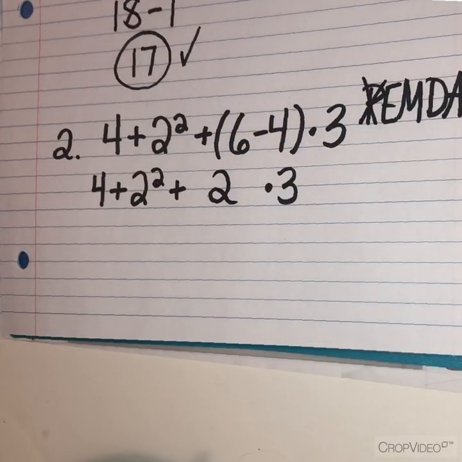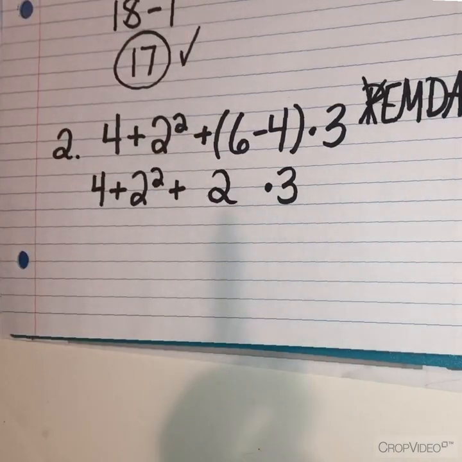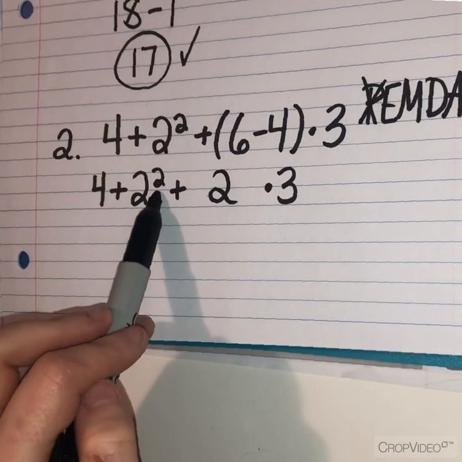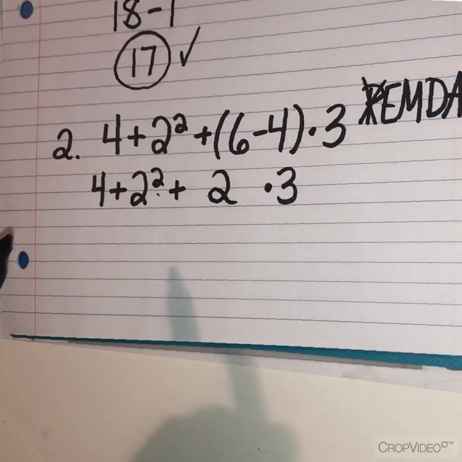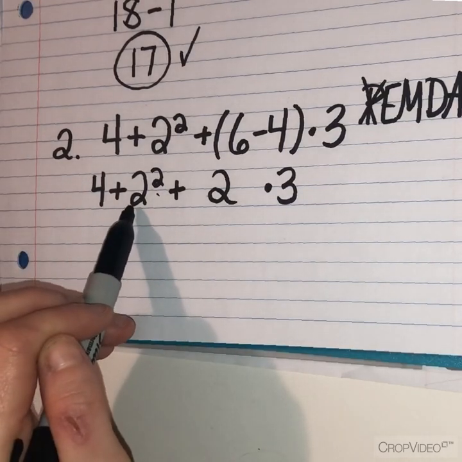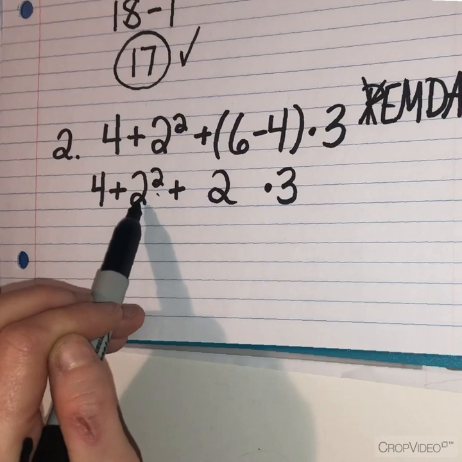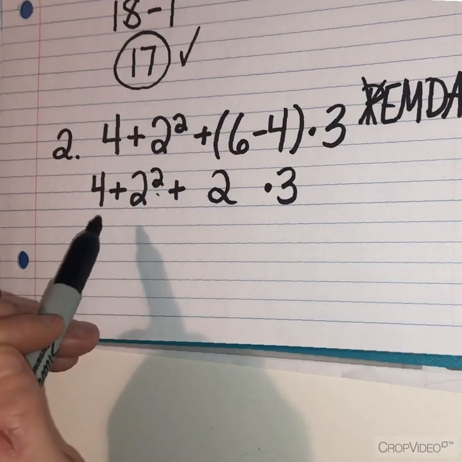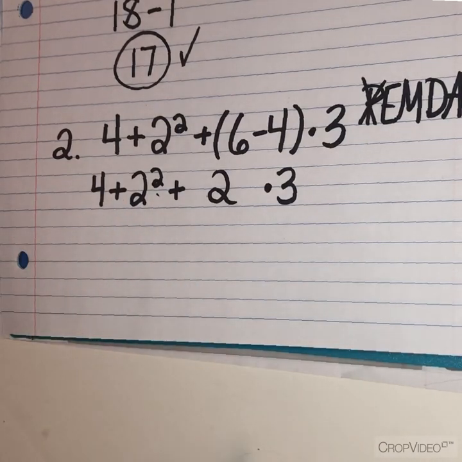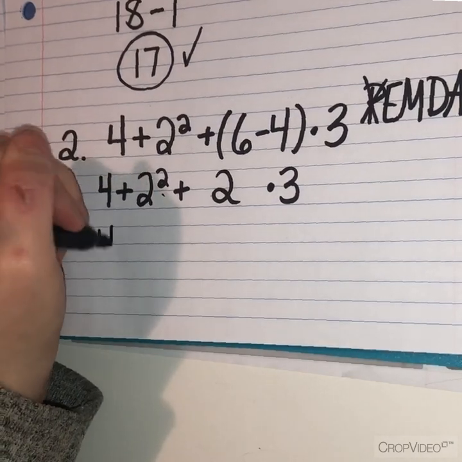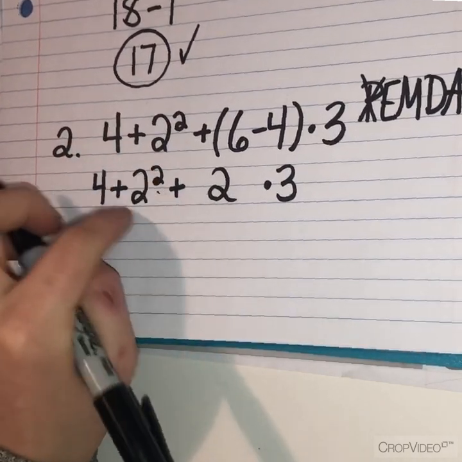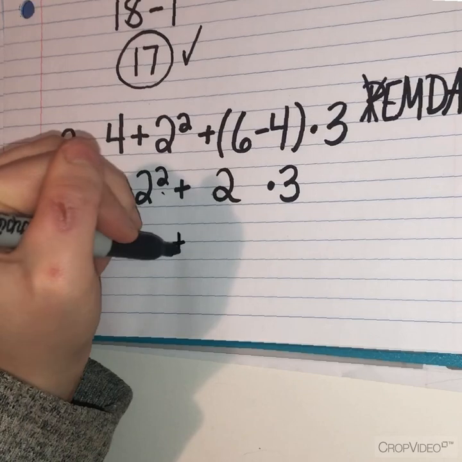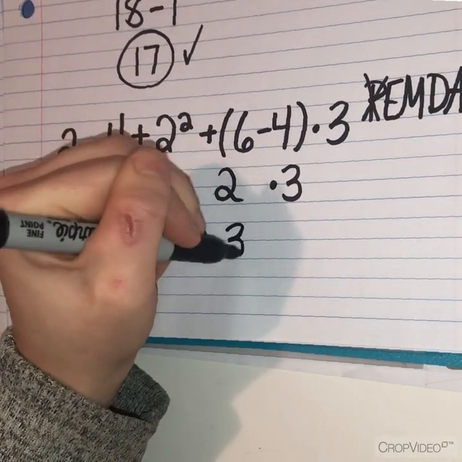Now we have E for exponents. Like I said, I showed you the example up top. This little guy is an exponent. He's telling us that 2 squared, that's what it's saying. 2 squared, which means 2 times 2. So we're going to write down everything before, keep the sign, and everything after what we are looking at.